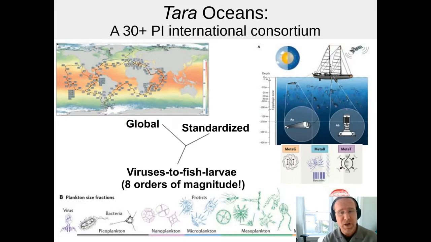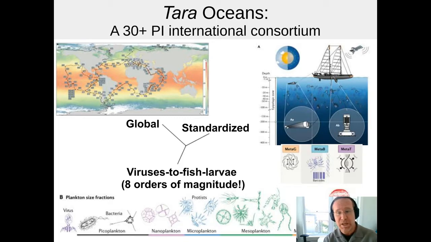So focusing on these patterns, I want to introduce the Tara Oceans Consortium, which is many different principal investigators, international, and we sought to study in the top left the global oceans. You can see the cruise track throughout the global oceans using standardized approaches in the top right, which include literally a sailboat.